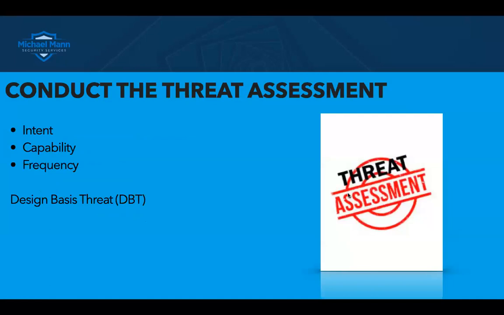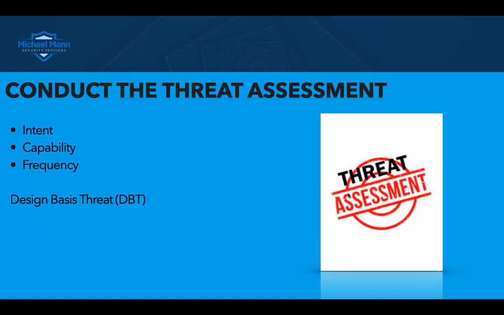Okay, so let's go through the steps of developing an executive protection program, or the process, if as a professional you have been asked or directed to do this. The very first step is to conduct that threat assessment. That threat assessment is going to tell us who the adversaries are: who wants to harm that principal, what their intent, what their capability, and the frequency of those potential attacks will be.